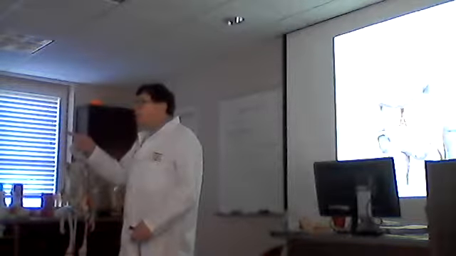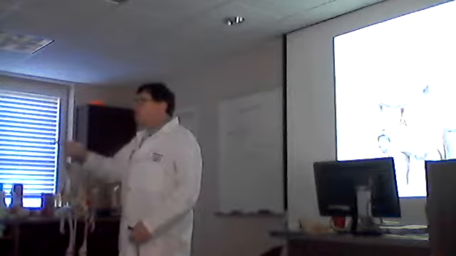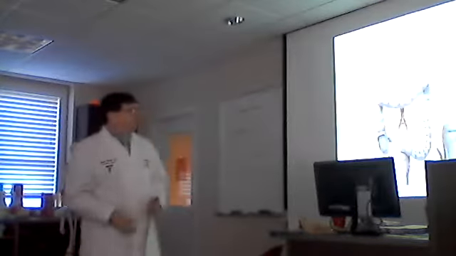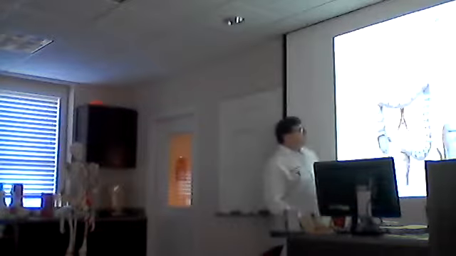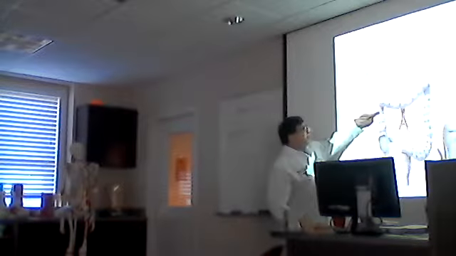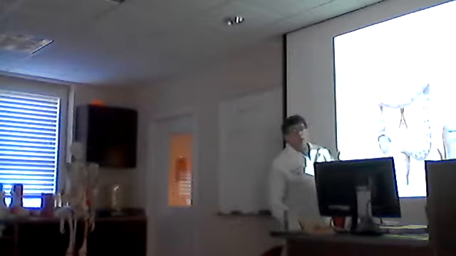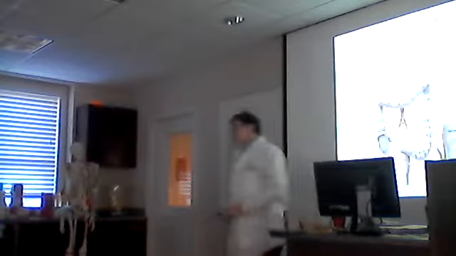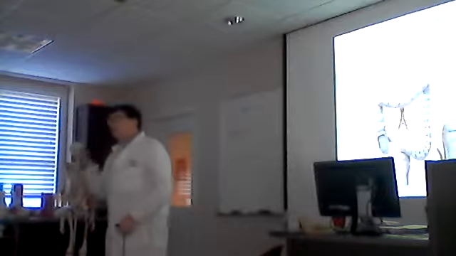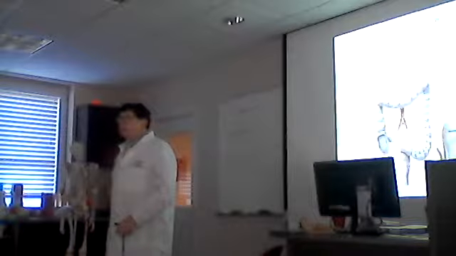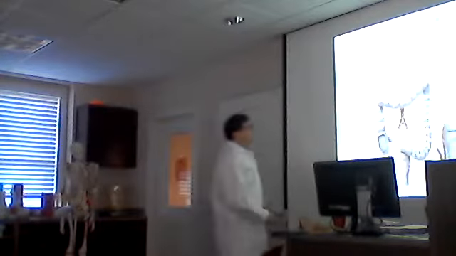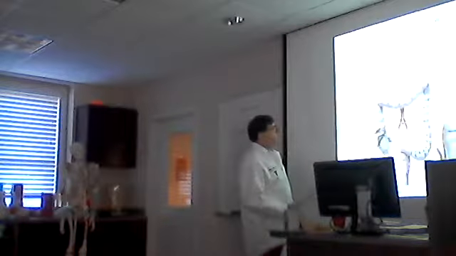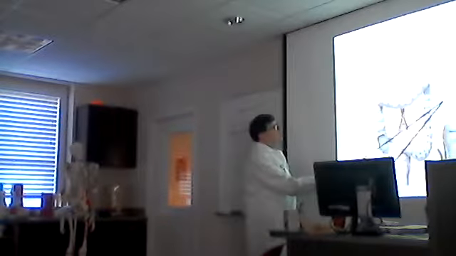But the outer longitudinal layer doesn't completely encircle the wall. The outer longitudinal layer is broken down into 3 bands. So it's not continuous all the way around the tubular structure. Instead, it's broken into 3 bands that are called Tinea coli. Let's get that written down. Here we go. Tinea coli.